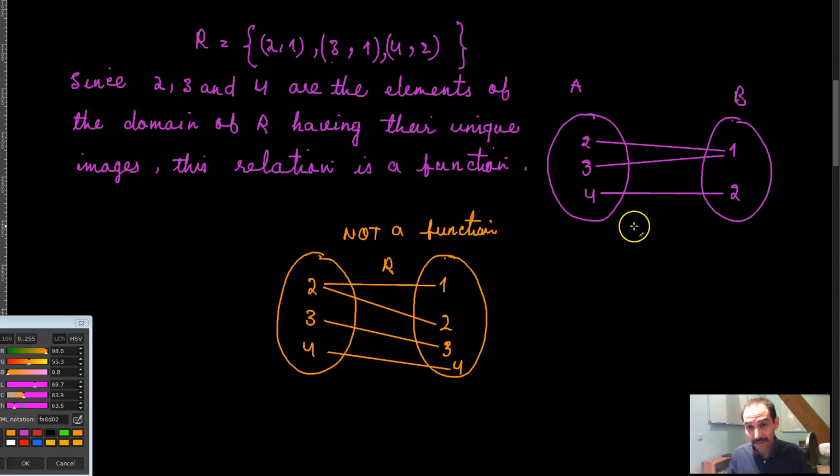On the other hand, this is a function for two reasons. Reason number one is that every element of the domain of the function is mapped to some element in the codomain, right?